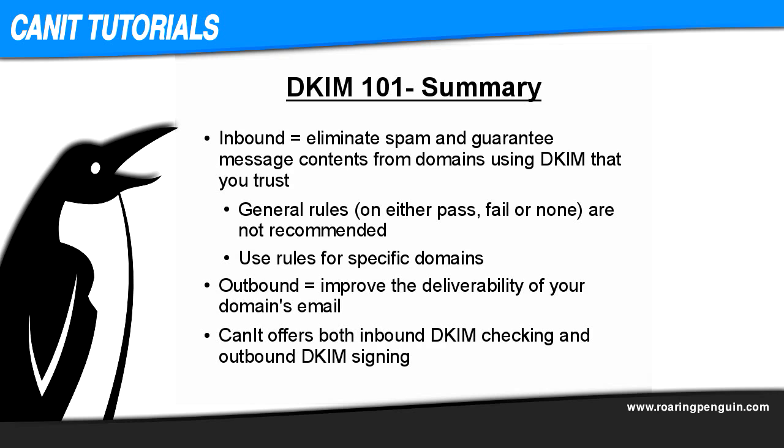Many organizations, including major organizations like Gmail and Yahoo, use DKIM. Roaring Penguin's Can It filtering service provides both inbound DKIM checking and outbound DKIM signing. And in particular, Can It simplifies configuring DKIM signing for your outbound mail. The DKIM overview portion of this video is finished. In the next few slides, we'll take a more technical look at how DKIM works.